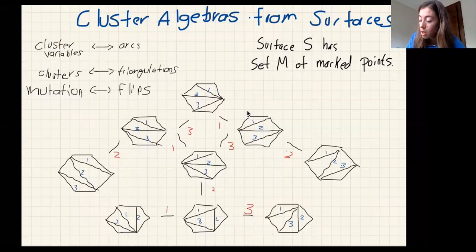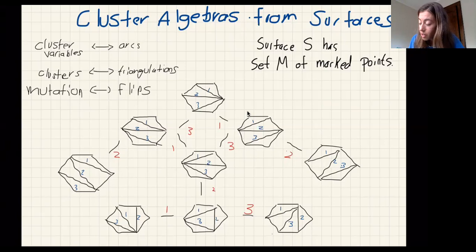When we define a cluster algebra from a surface, the arcs on the surface are going to represent the cluster variables. And then clusters are going to correspond to triangulations. Triangulations are special sets of arcs: you want all your arcs to not cross each other, and you want a maximal such set of non-crossing arcs.